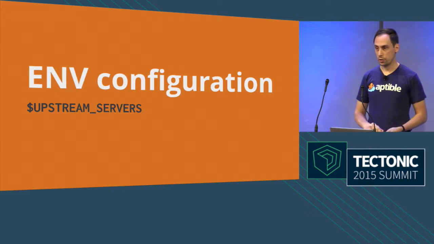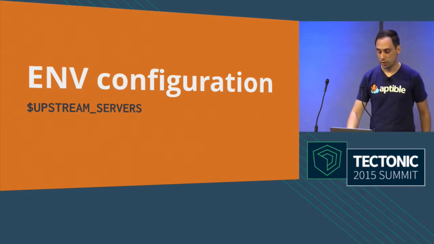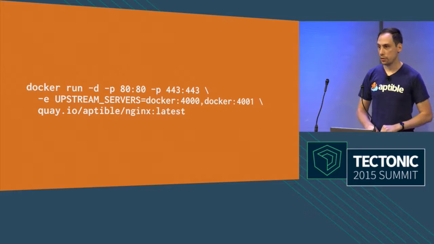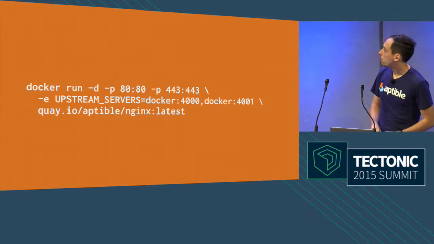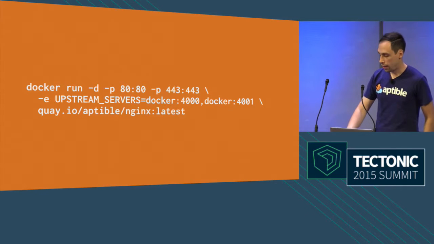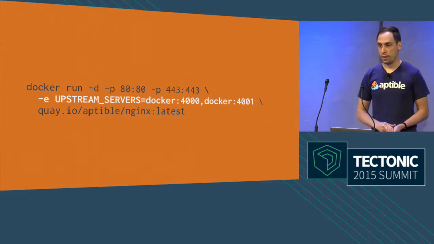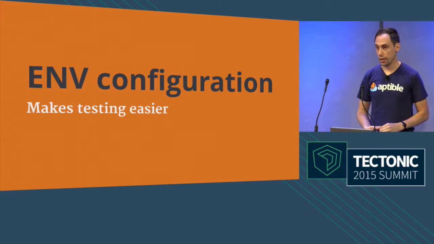For example, to configure the way that an Nginx container reverse proxies its requests to application containers, we just use an environment variable, upstream servers. Again, these examples use Docker, but it's really agnostic to the container runtime. We can just pass in a list of upstream servers, and our Nginx container knows how to process that. This has a few advantages. For one, it makes testing easier.